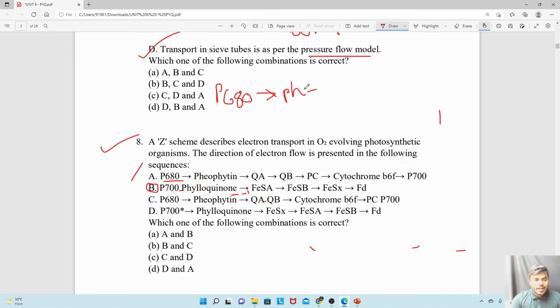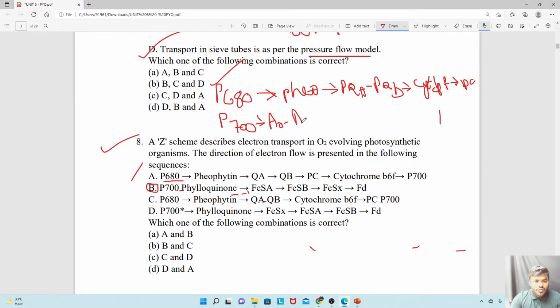P680, pheophytin, plastoquinone A, I'm so sorry, I made it wrong. Plastoquinone B, then cytochrome b6f, plastocyanin. This is absolutely true, there is no doubt about it. Then P700: after that A0, A1.